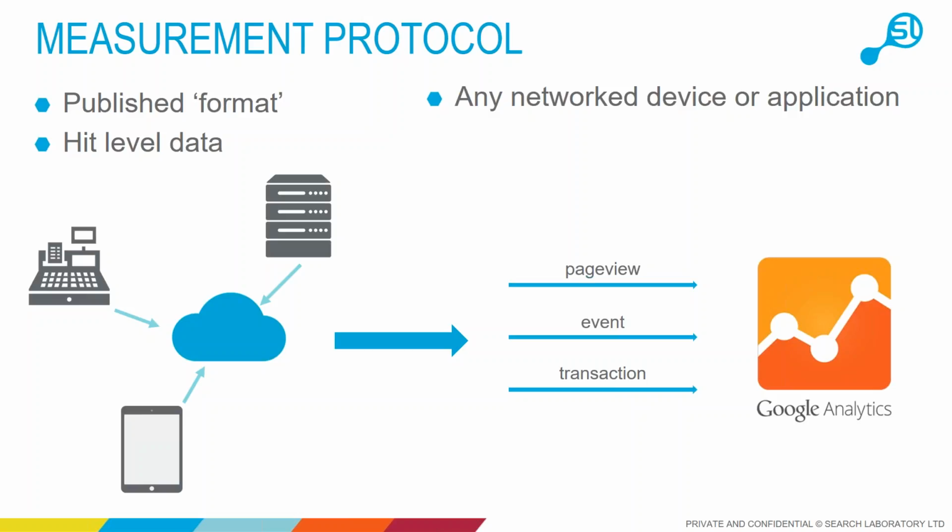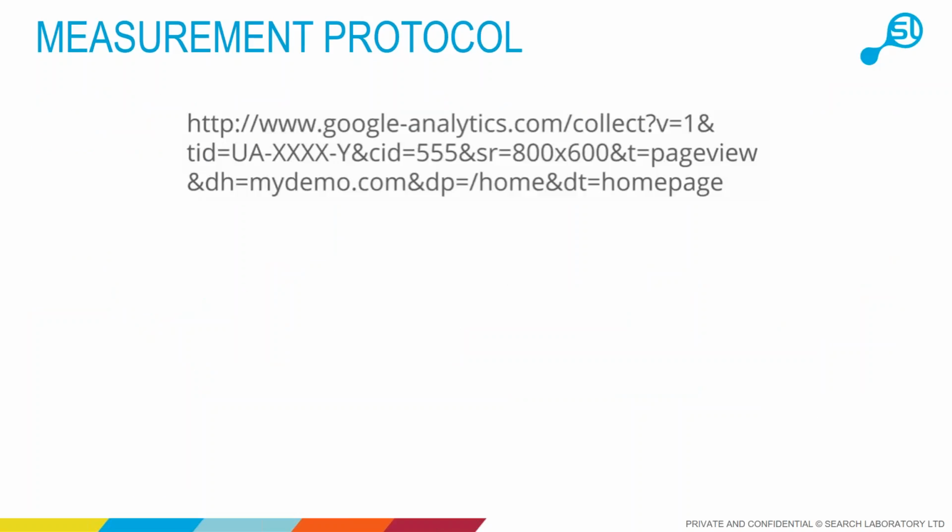The three examples we've got there are a server from your back-end systems, point of sale software in a retail outlet, or field sales operatives that maybe have a tablet out in the sales field. So just to illustrate a little bit more about what this measurement protocol actually is, it sounds complicated, but it's actually very, very simple.